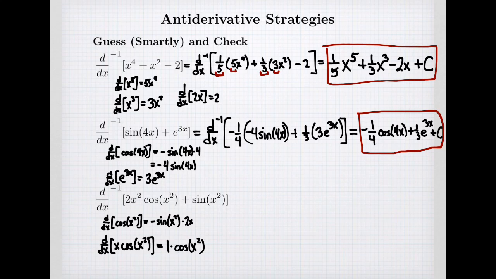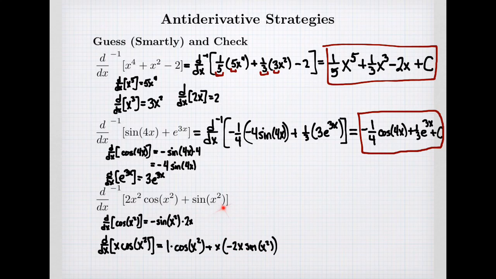Now let's leave the x alone and multiply by the derivative of the cosine. I get negative 2x sine of x squared. And what do I get? I get cosine of x squared, and I get negative 2x squared sine of x squared.